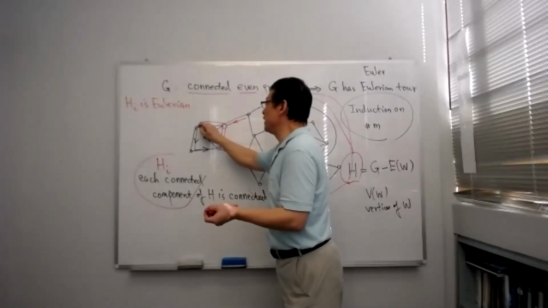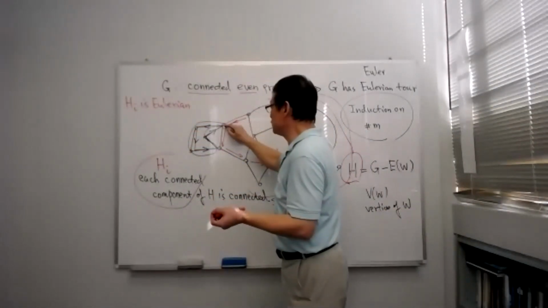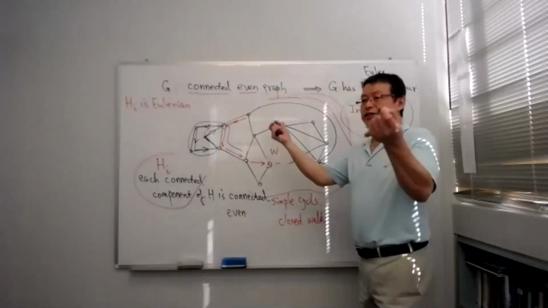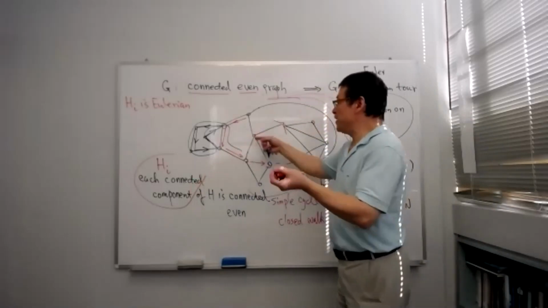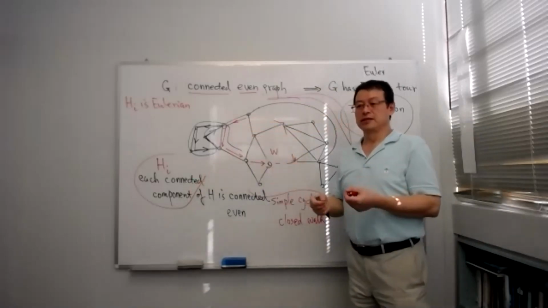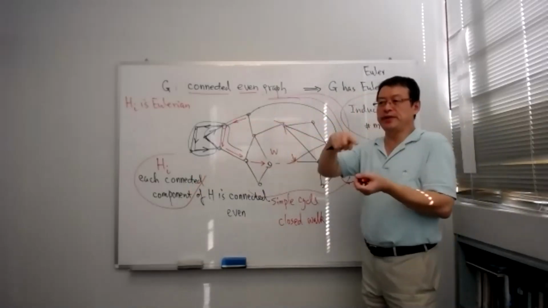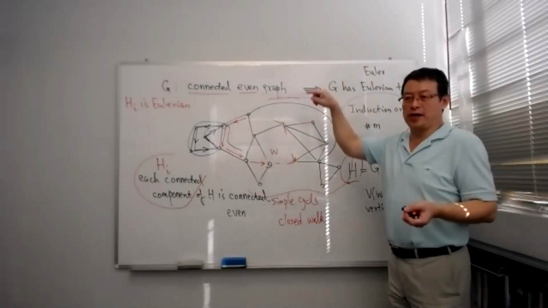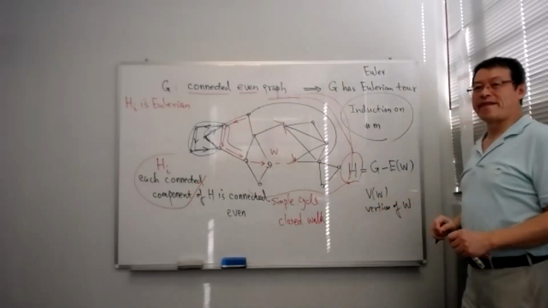I go there, merge them, then use this edge. Then the other tours across the walk will be merged with this one to form a larger walk. Similarly, this one will eventually be merged into one closed walk. So that will give us our tour.